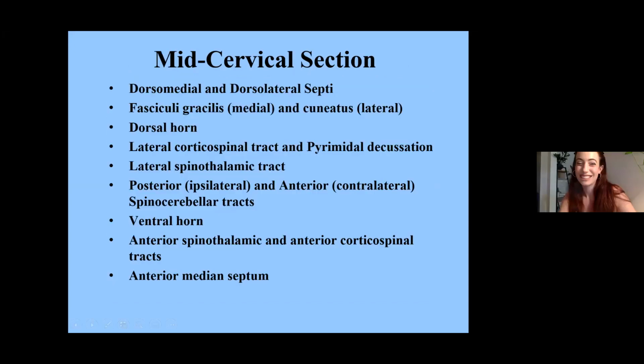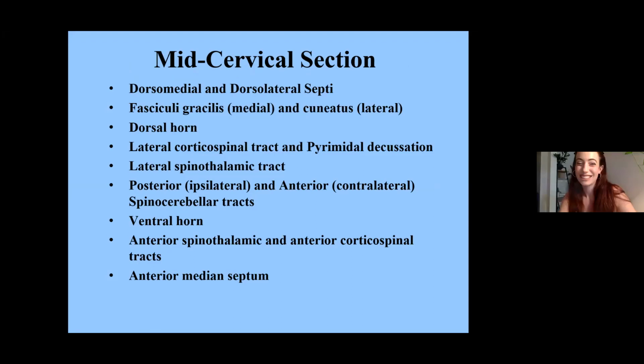Okay, so now we're going to look at a mid-cervical section. In this one, we basically are going to still see the dorsomedial and dorsolateral septi that differentiate the fasciculus gracilis from the fasciculus cuneatus, the dorsal horn.